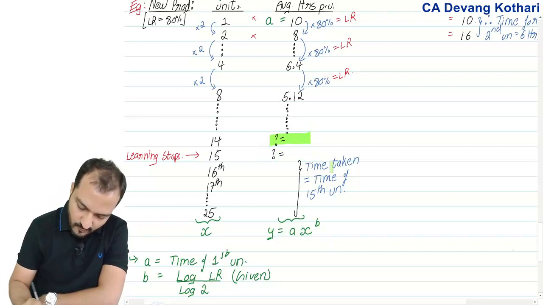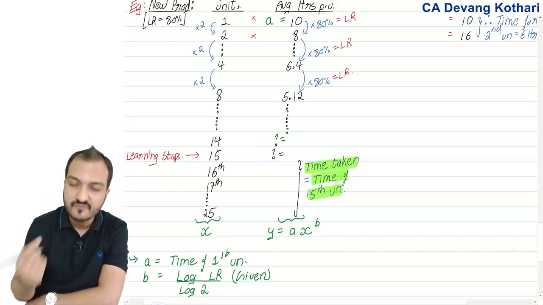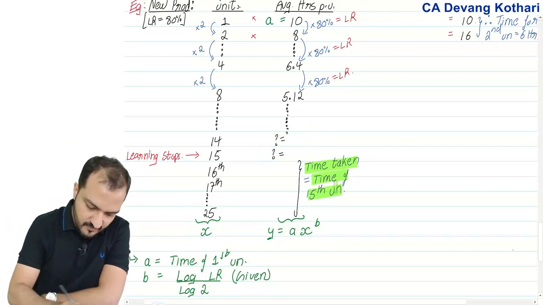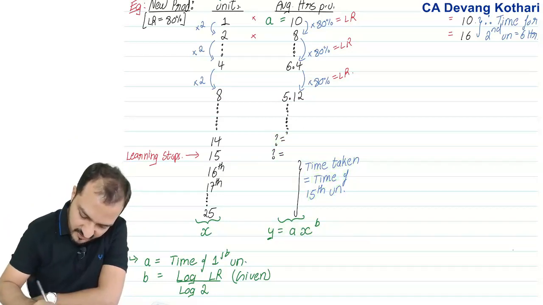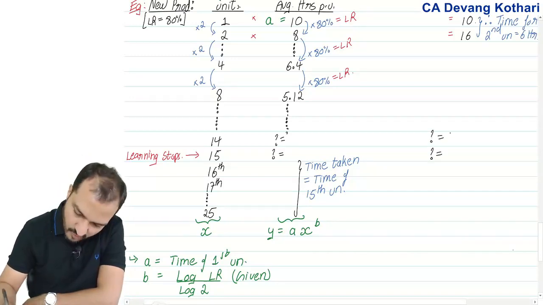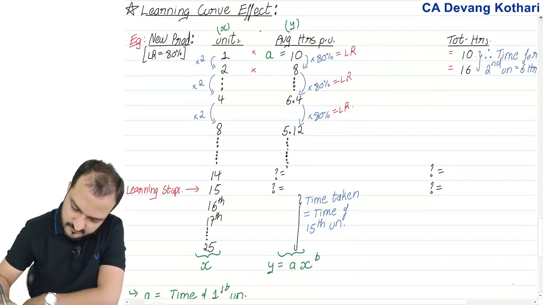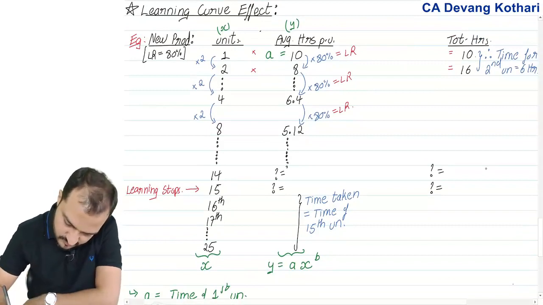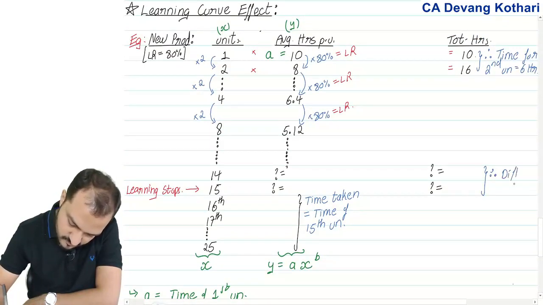Also, if I want to find the time taken for the 15th unit, then for that matter, I need two things. To find the time taken of the 15th unit, I need to identify the total time of 15 units. I need to find the total time of 14 units, and then the difference of these two will be called my time for the 15th unit.